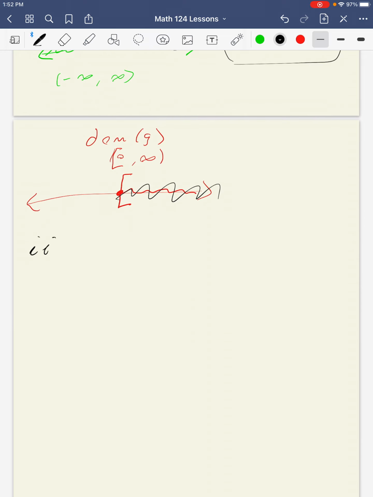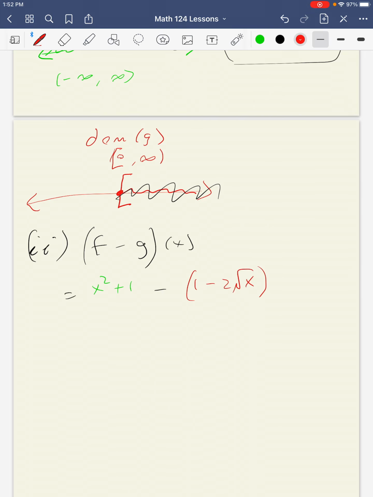Now let's look at f minus g, f minus g of x. Well, it's a similar idea. We take the formula for f, we minus out the formula g. Here we have to be careful with double negatives, the only complication really. So we have 1 minus 1, and then here we have a double negative when we multiply through.